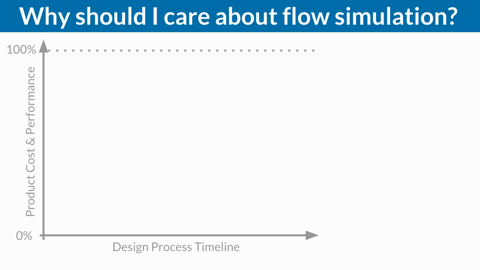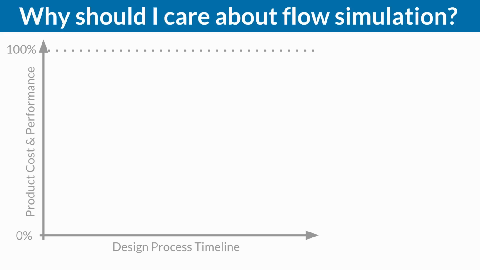To illustrate this point, here in front of me I have this curve showing, on the x-axis, the design process timeline. This timeline can be for a car or a building or any product that we want to design. On the y-axis, we have the product cost and performance.